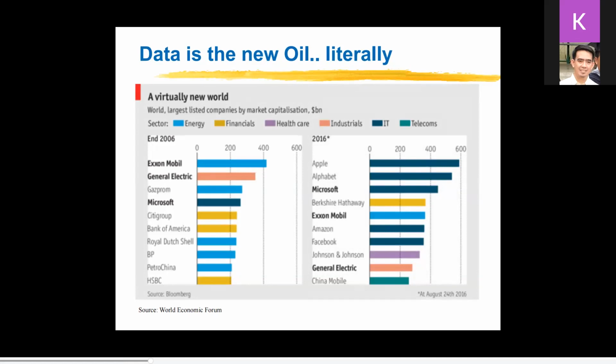You might be wondering where Google is here. Actually, Alphabet is the mother company of Google. Other than that, you see Amazon rising, same with Facebook. Just try to imagine that on the top 10 list, there are already 5 IT-related companies, not including telecoms, because telecoms is a support structure for information technology solutions and companies.